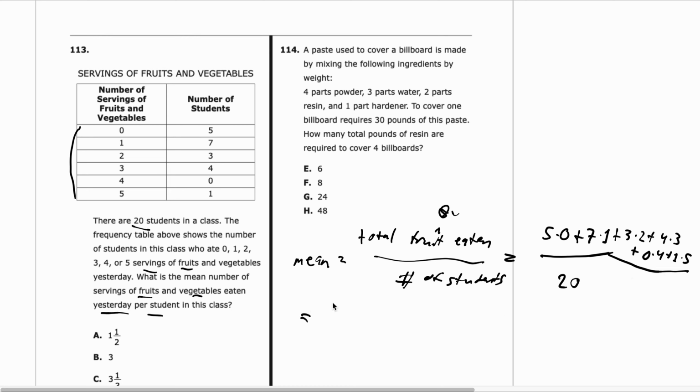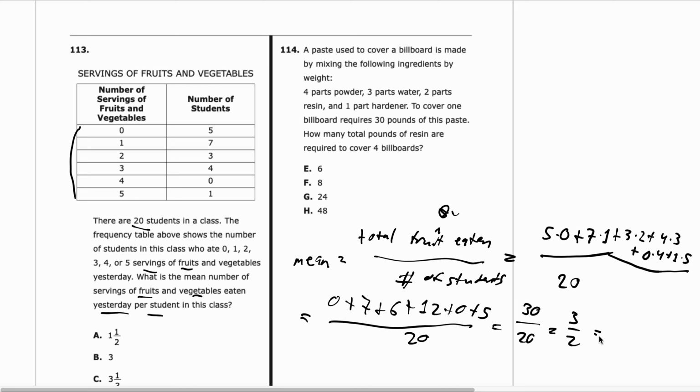So then the mean would be equal to 0 plus 7 plus 6 plus 12 plus 0 plus 5 over 20. And this would be 30 over 20, which is 3 over 2, which is 1 1/2.